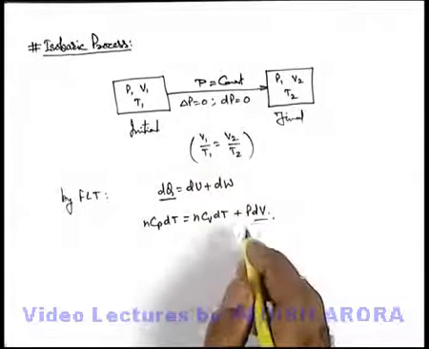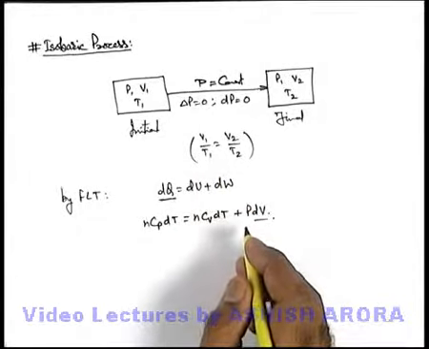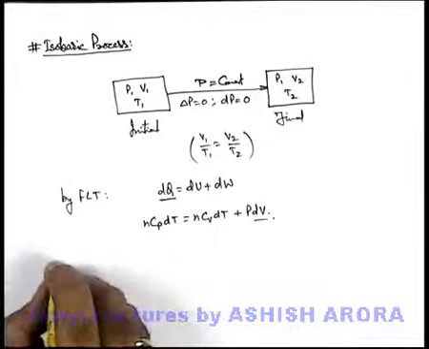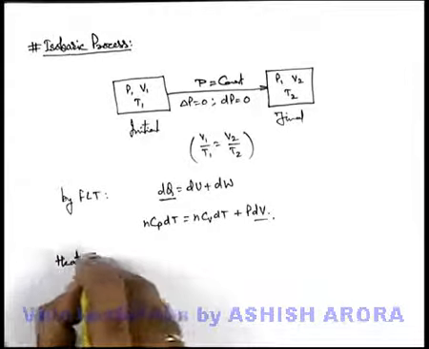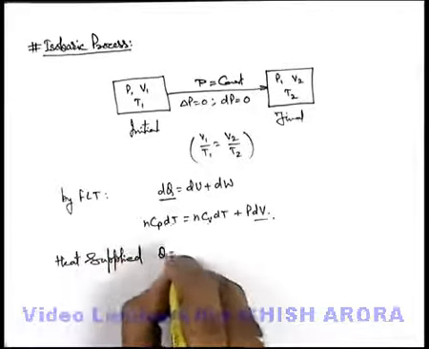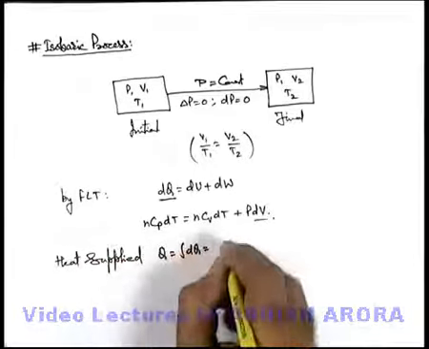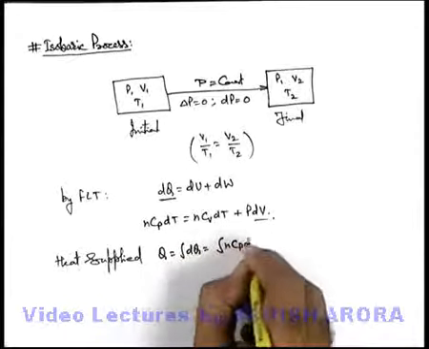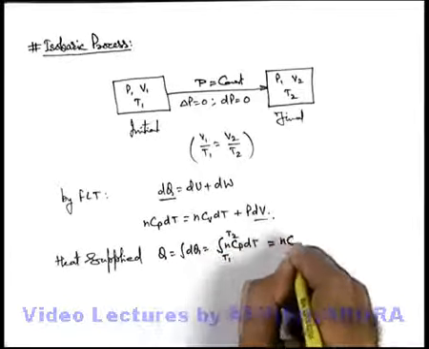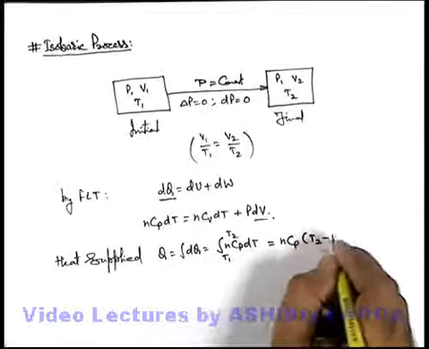In this situation, if we talk about all these thermodynamic parameters of the gas, if we talk about heat supplied, Q can be written as integration of dQ, which is integration of nCp dT from T1 to T2. So this can be written as nCp (T2 minus T1).